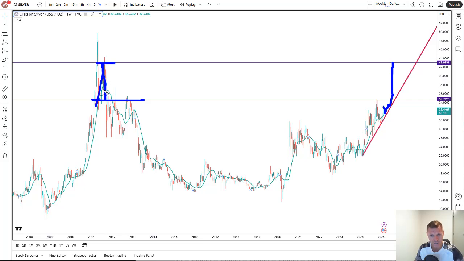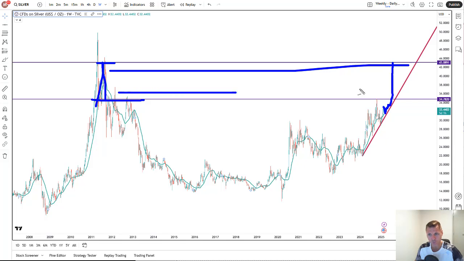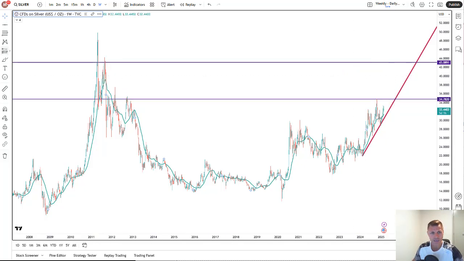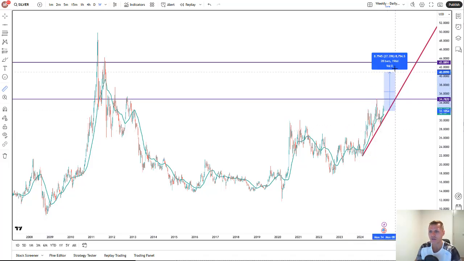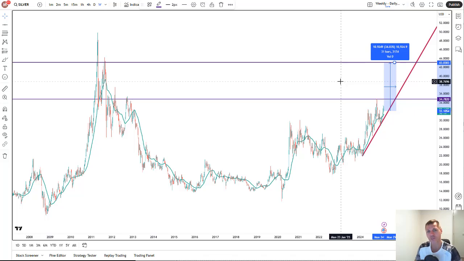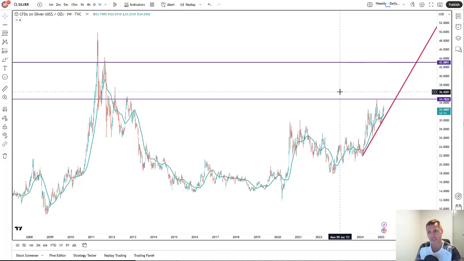There's nothing. All this here is what's called white space. It's pretty free and clear. Now, when it comes to percentage move, I know you silver guys are going to love this, right? We could be getting ready for a 35% move to the upside really quickly out of silver.